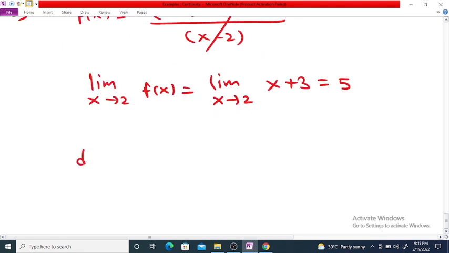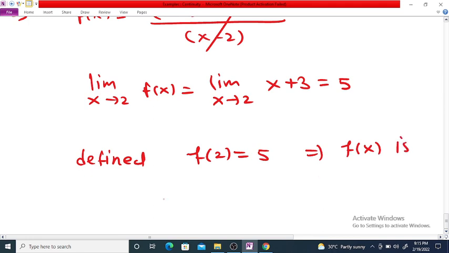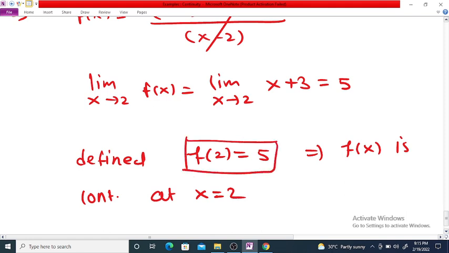So define f(2) equal to 5, then f(x) is continuous at x equal to 2. So what is the answer here? f(2) is equal to 5.